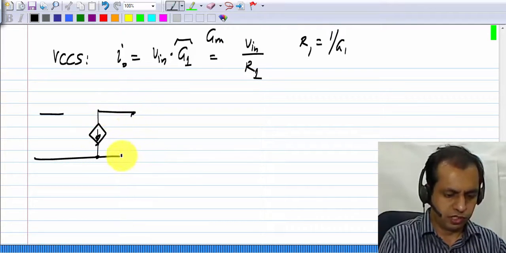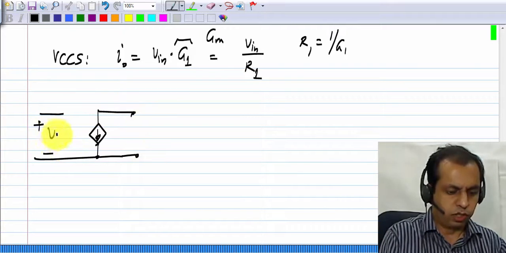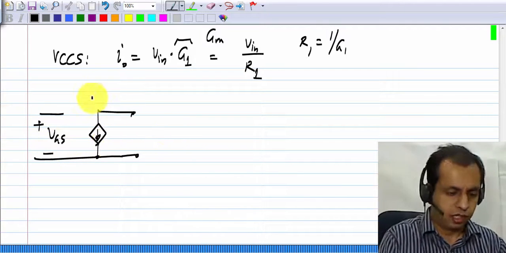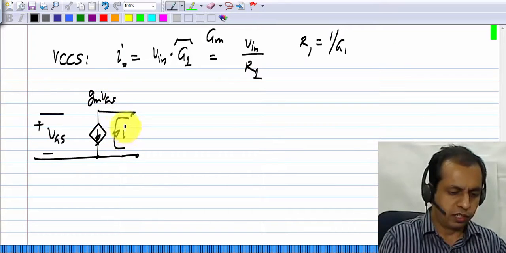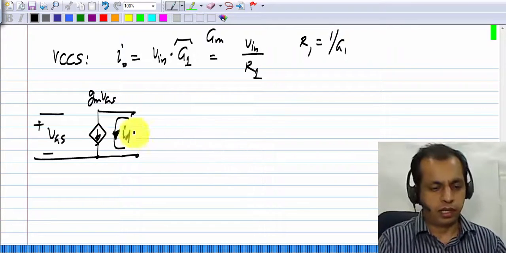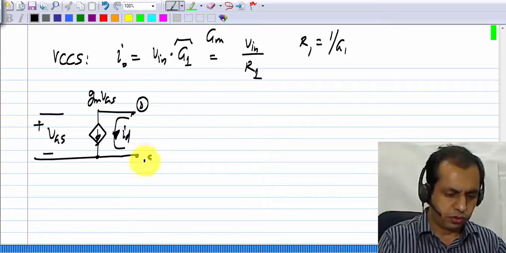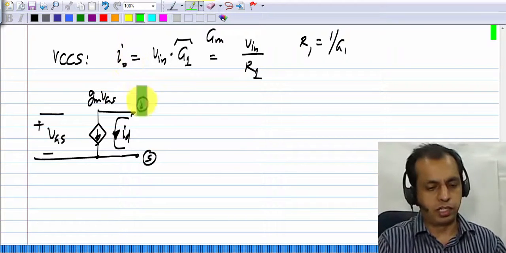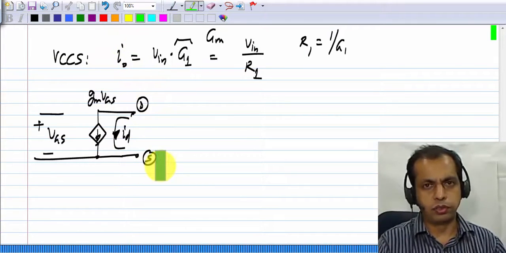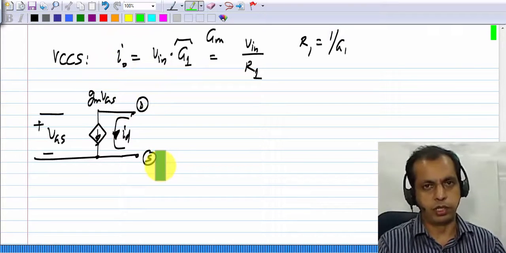In a MOS transistor, we have the controlling quantity VGS and the controlled quantity which is the drain current, and that is equal to GM times VGS, and ID flows from drain to source terminal. So the output current has to come out from either the drain or the source terminal, whichever is convenient.